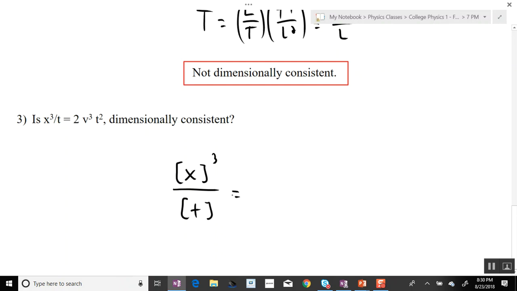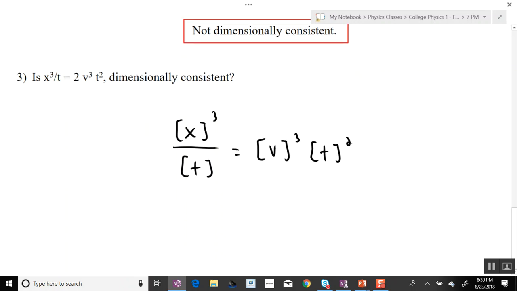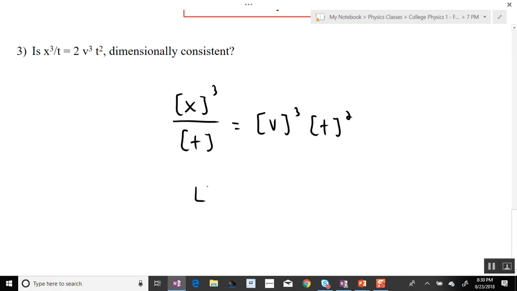On the right-hand side, we're going to ignore the 2. So it's the dimensions of v cubed times the dimensions of t squared. So now we have to put in the dimensions of x. So it's L cubed divided by t.